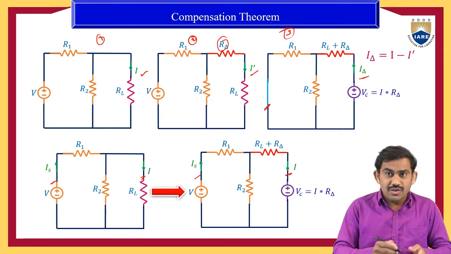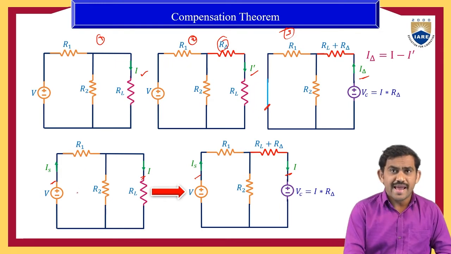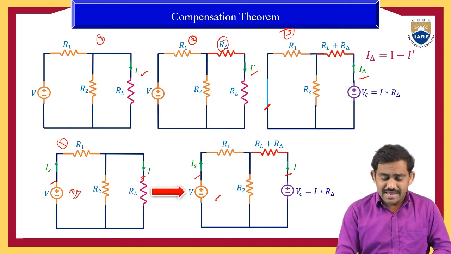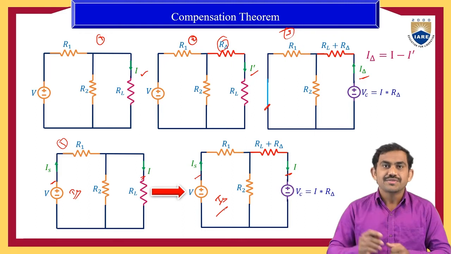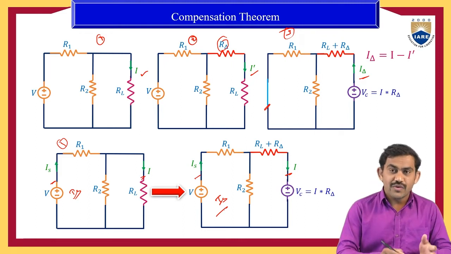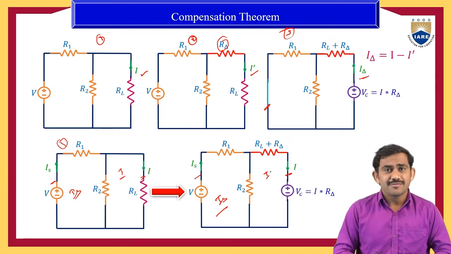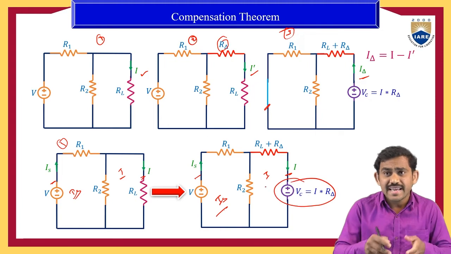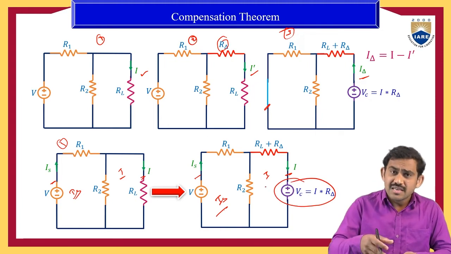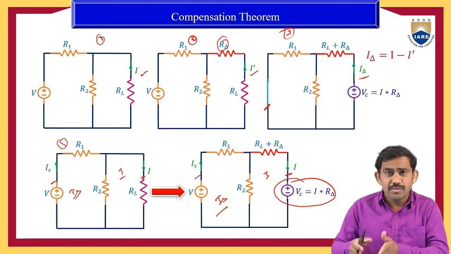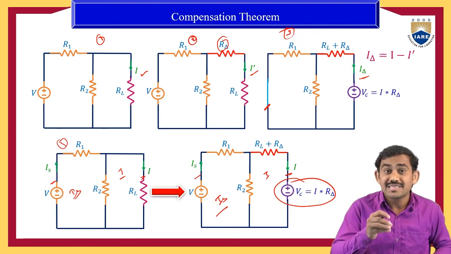If you want to find the values in this branch, from circuit 1 I find the IS value, the same IS value in the second circuit. If you want to find the I value, it is the same I value in the second circuit also. So why do we compensate some voltage? You compensate some voltage at the load branch, the uncoupled branch. That is your compensation theorem.